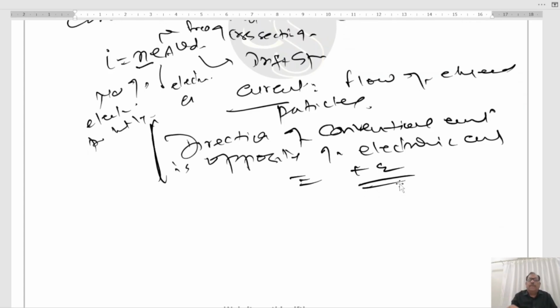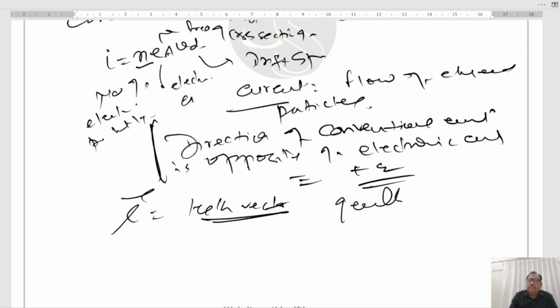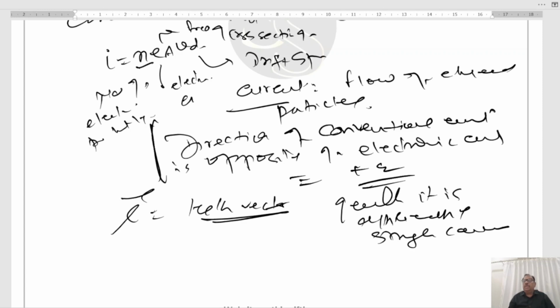Right? Now, L is the length vector, and generally it is applicable for a straight conductor.